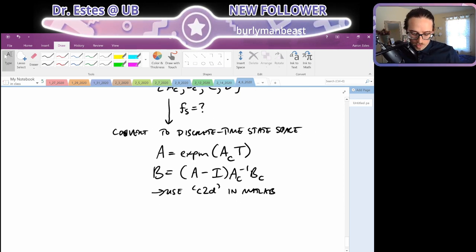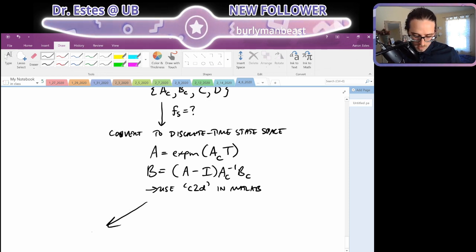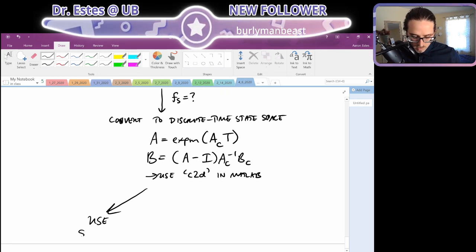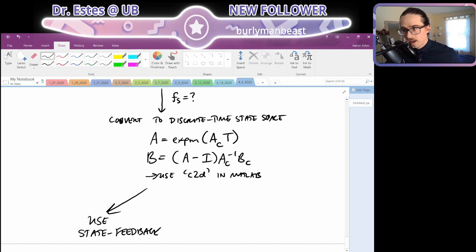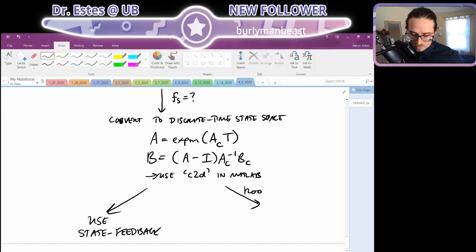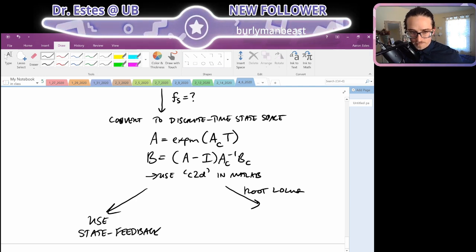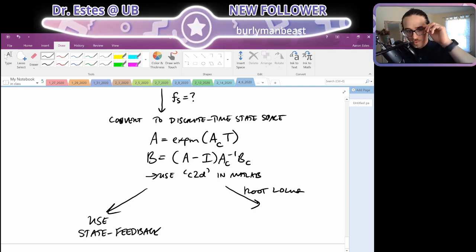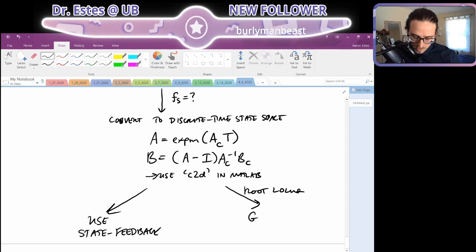Now, from this point, you could use state feedback control, which is what we're going to do next class. We're going to say, okay, once I've got this, how do I create a state feedback controller? But you might want to use root locus at this point. And to get root locus, you want to get a transfer function.